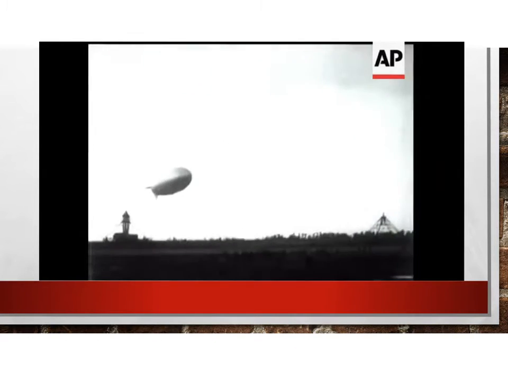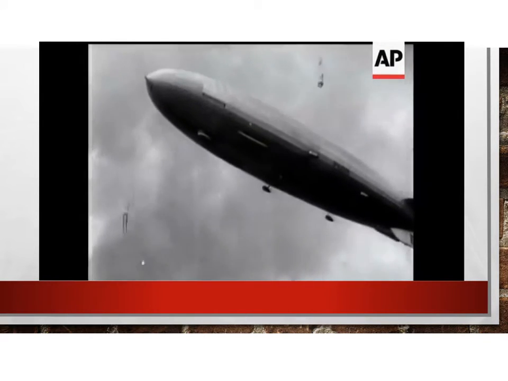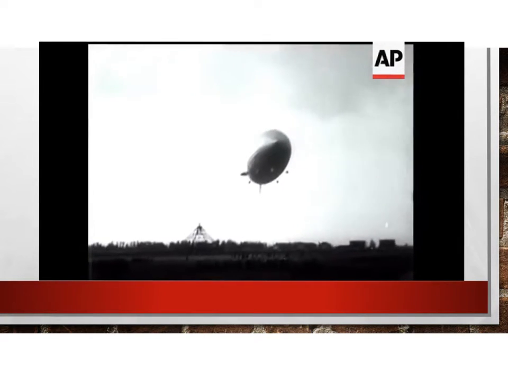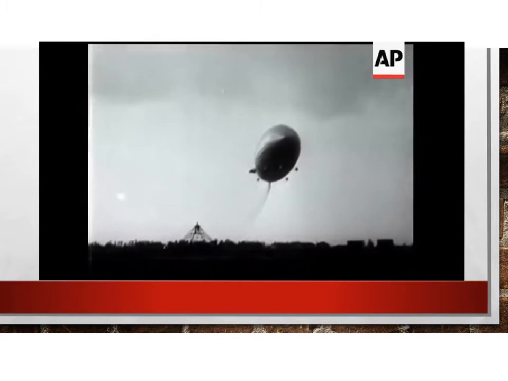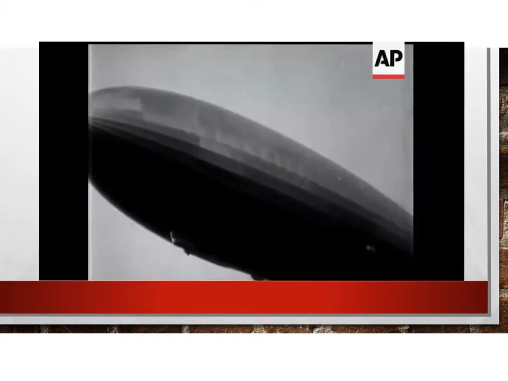Nearing the fatal end of her first Atlantic trip of the season, the Hindenburg approaches the mooring mast at Lakehurst. 21 of these sky voyages the world's biggest dirigible has made. So safely, so surely that the experimental service has become a matter of routine.